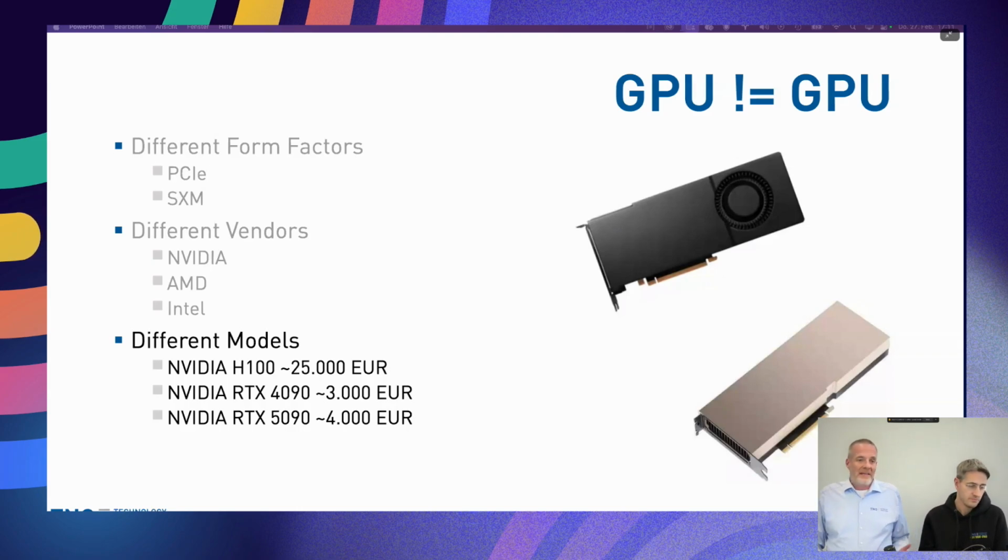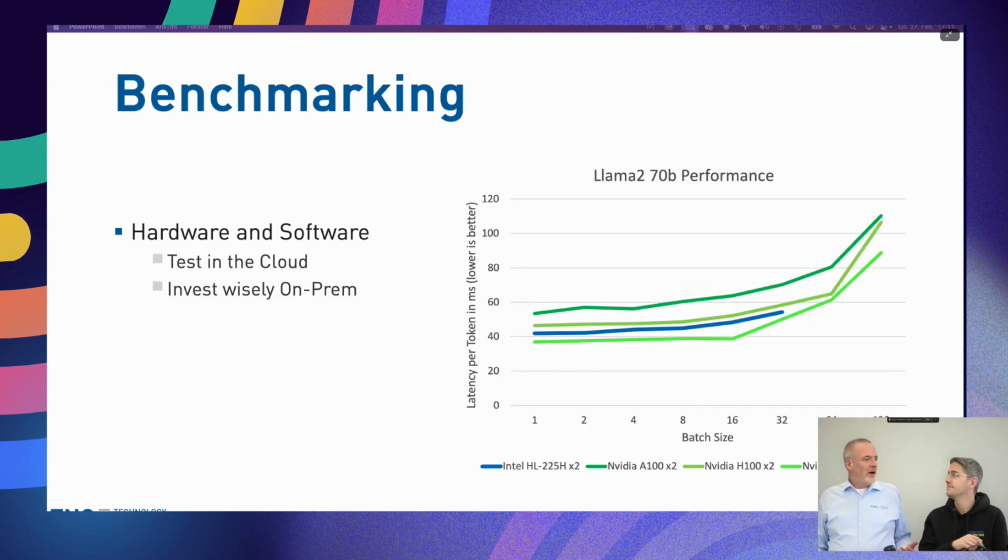But Thomas, you talked about how different GPUs serve different purposes. How can we talk about performance then? There are things to consider when it comes to performance, because you should really measure what type of graphics card you really need. For example, here we have the latency per token.